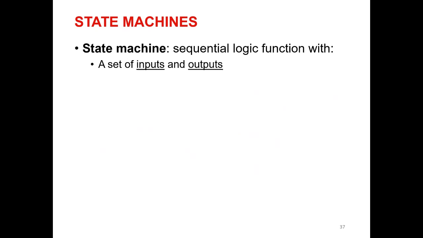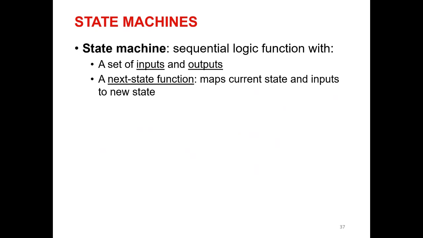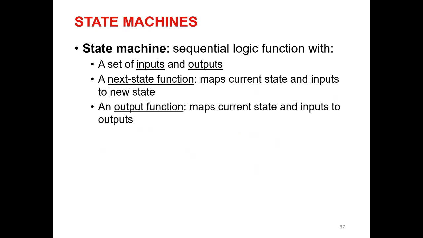A state machine is composed of a set of inputs and outputs. This is the same as for combinational logic, but what changes here is that we have a couple of functions. One function will tell us which is the next state, and the other function will define what is the output.